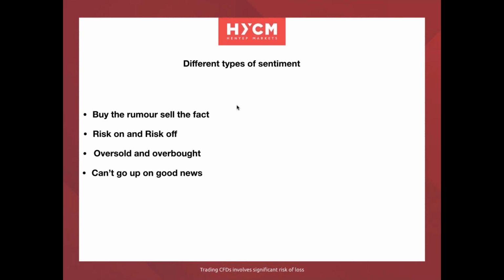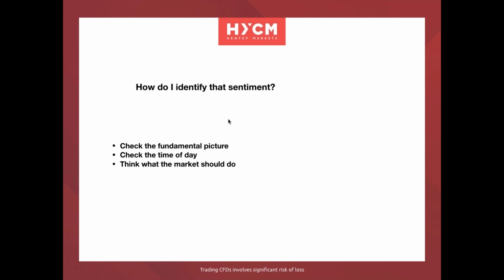If you see a currency being sold off or bought up consistently, and some good news enters the market that would typically make it appreciate, but it doesn't, that's a really good indicator that the price is going to carry on going lower and lower. So that's just an example of some different types of sentiment that you get in the market.